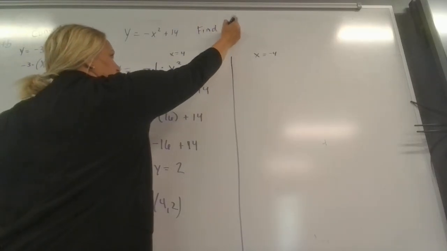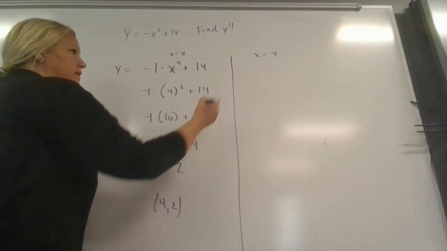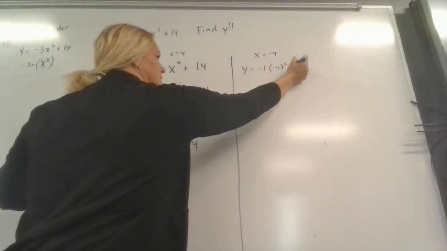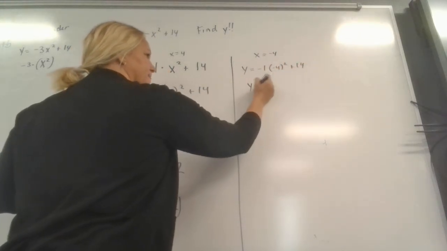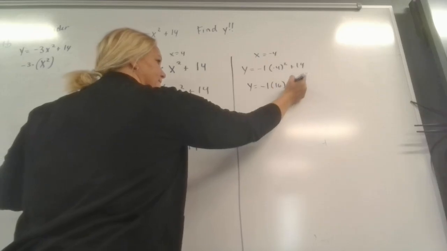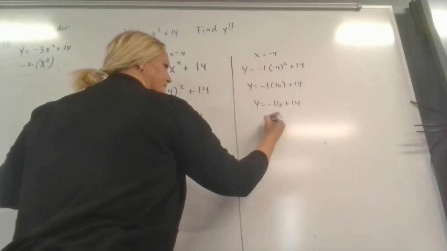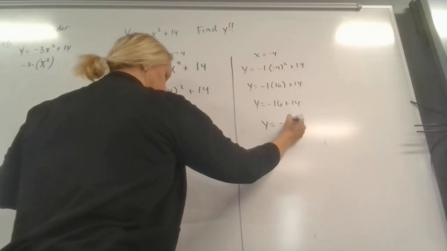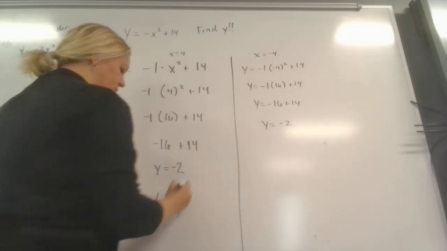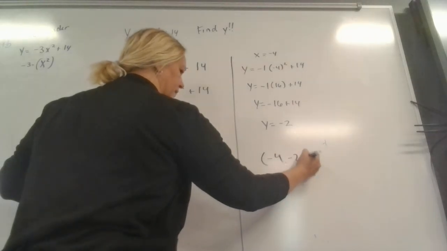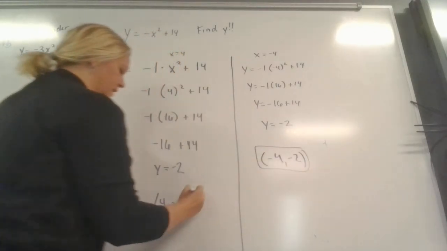This is to find the y value since we already found x. Oh, these are both supposed to be negative 2. Negative 4, negative 2, positive 4, negative 2.